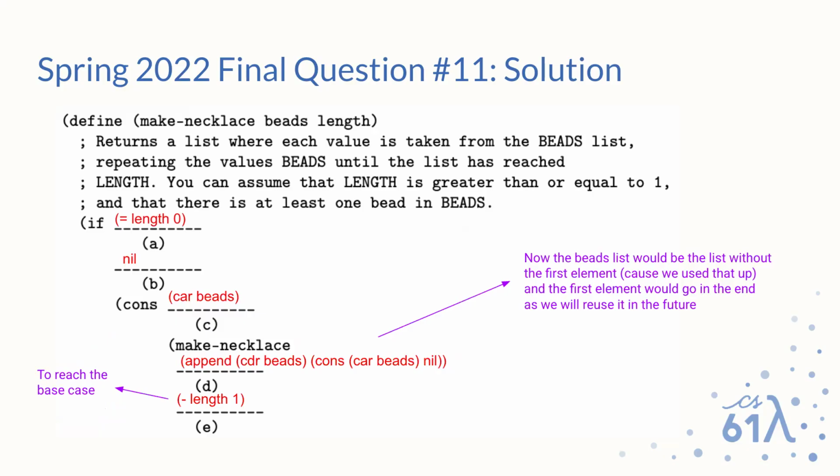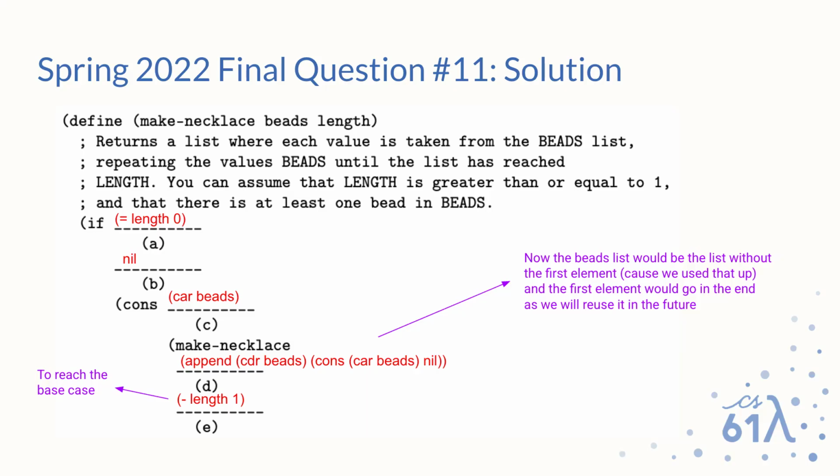Okay. So how we can think of it is, first we're appending. We do the recursive call, right? And we're passing on the rest of the beats, and then we're bringing in the first of the beats.